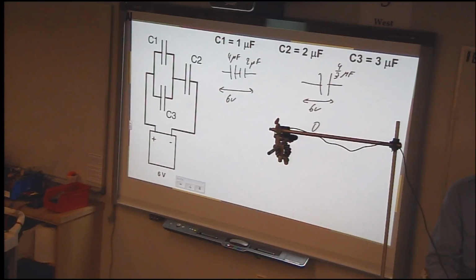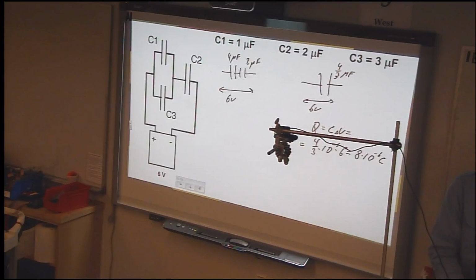Here, I can immediately calculate the charge. Q will be equal to C delta V, 4/3 microfarads times 6 volts, 8 times 10 to the negative 6 coulombs.